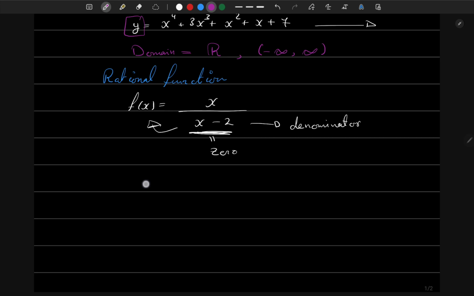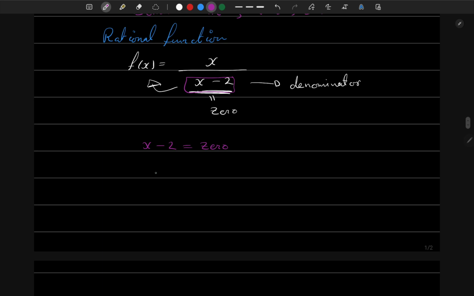So I can simply just say that x minus 2, which is the denominator, equals 0. And then solve for x, adding 2 to both sides, x will equal 2. So if I use 2 on this function, I'm going to get 0 in the denominator.